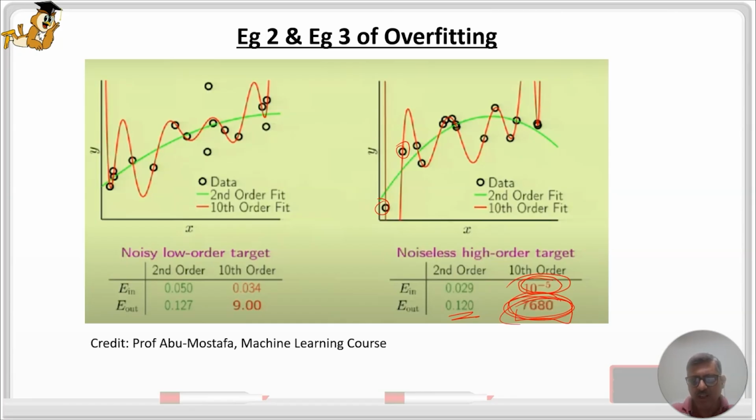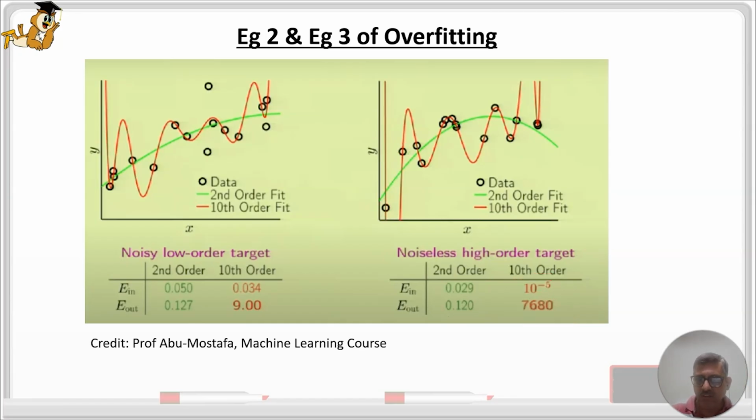Now, one way to think about noise is to imagine that the noise is actually being generated by an infinite order target, right? Because there is no pattern to it. It is random. So that is one way of looking at it. In that sense, a noisy target or a noiseless high order target are in some sense the same thing, because a noisy target is essentially an infinite order target, right?